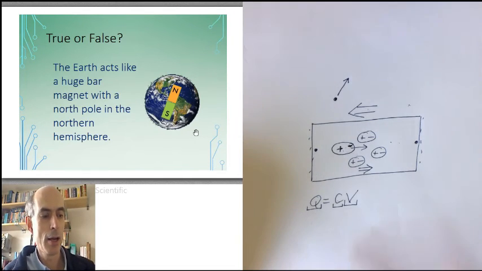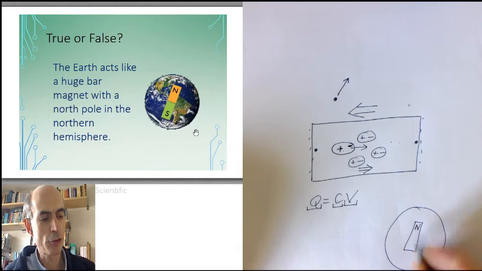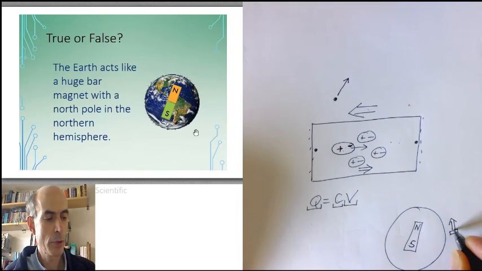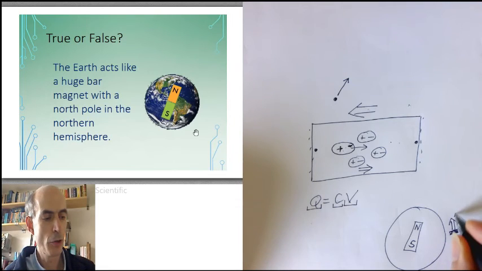Because magnets are a bit like electric charges in the same sense that like poles repel, but unlike poles attract. But the compass needle is a magnet which can rotate with a north pole towards the north end and a south pole towards the south end.